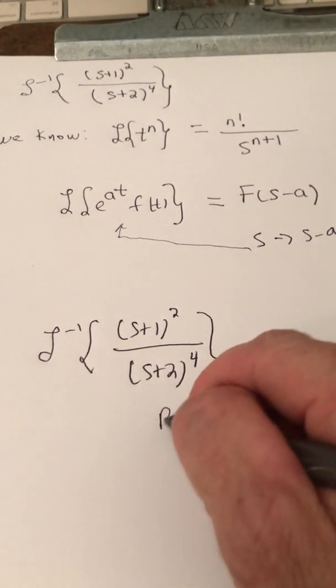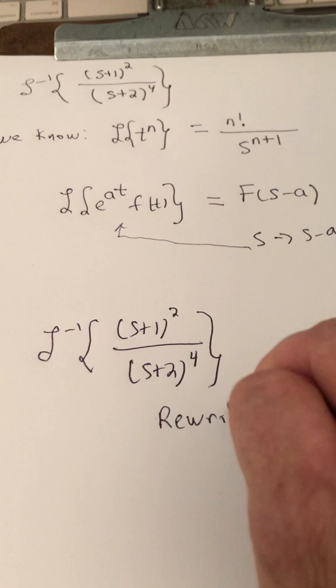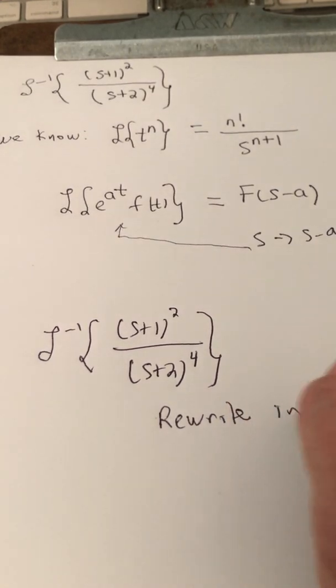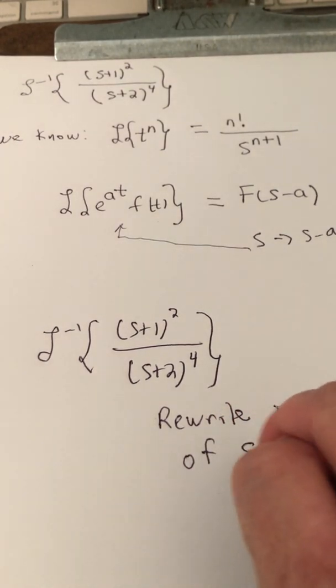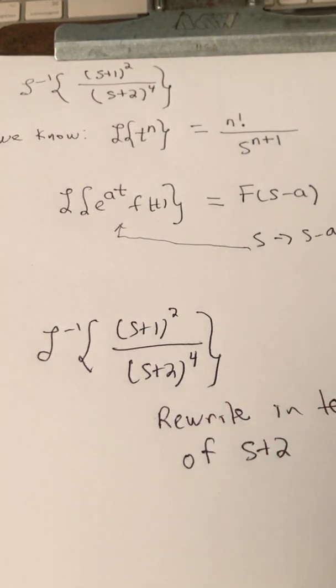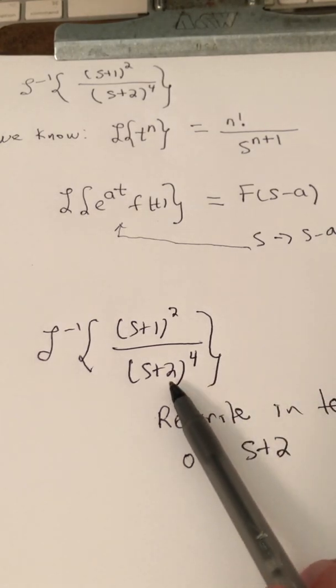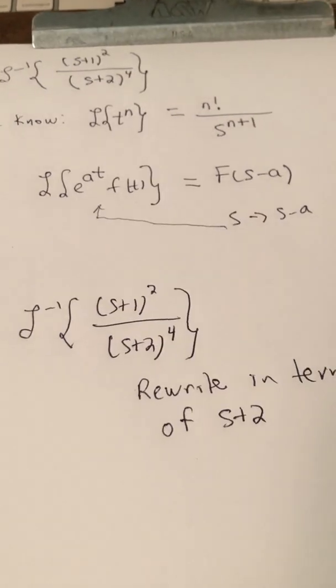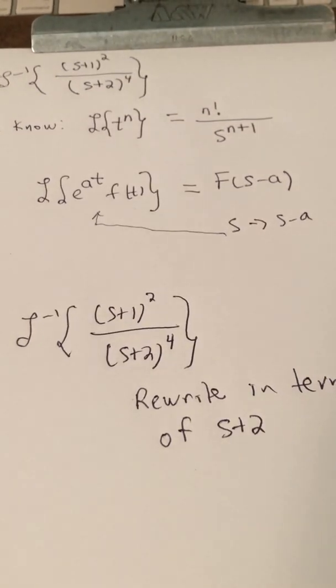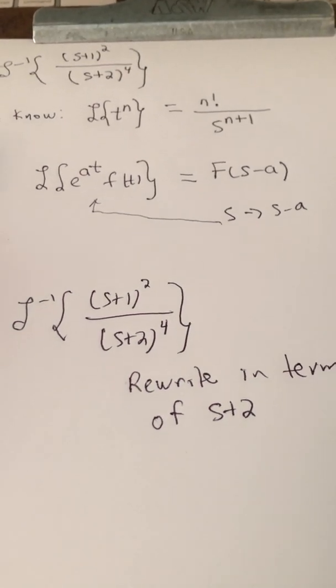We're going to have to rewrite this expression in terms of s plus 2, that quantity that is the denominator, and that's what we need. So what we're going to do is this. All it is, is algebra.